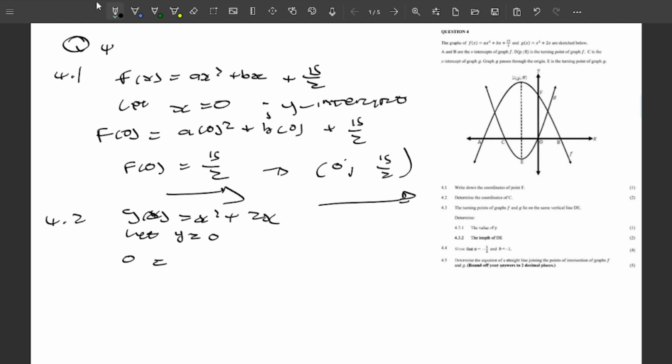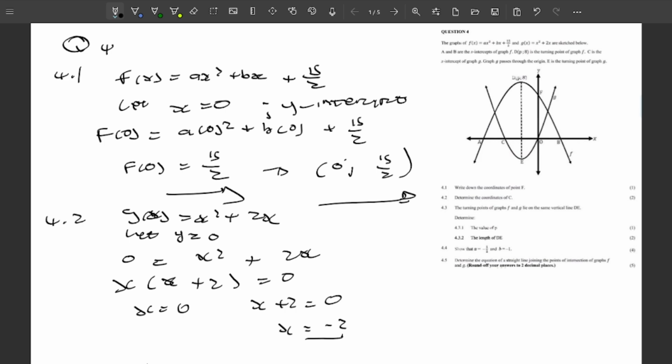So 0 equals x squared plus 2x. From there, we can factorize x as a common factor and let both factors equal 0. Then x plus 2 equals 0, and x equals minus 2.